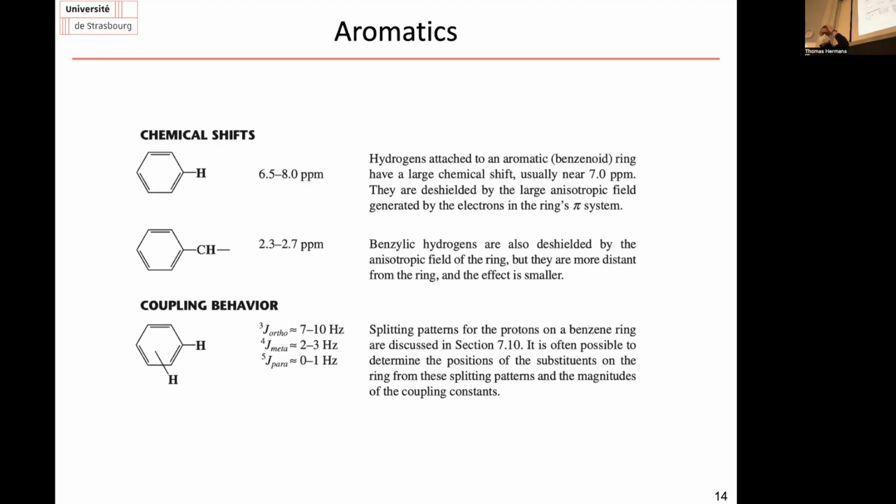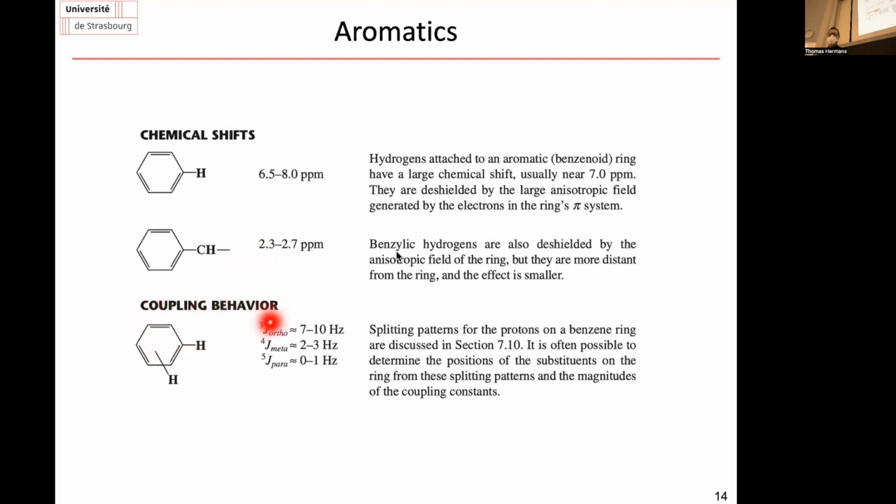Okay, aromatics. If you have any type of benzene rings, they're usually very downfield shifted, typically around 7 ppm. Benzylic protons, next to the aromatic ring, are not so much downfield, but slightly downfield from a normal alkane group.